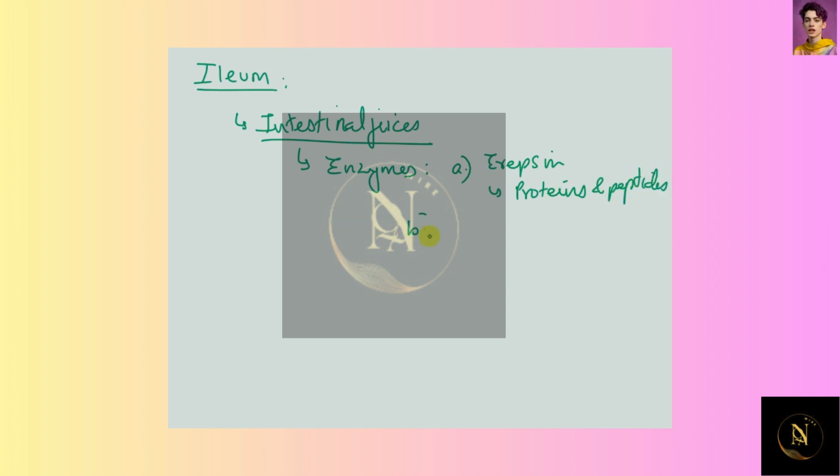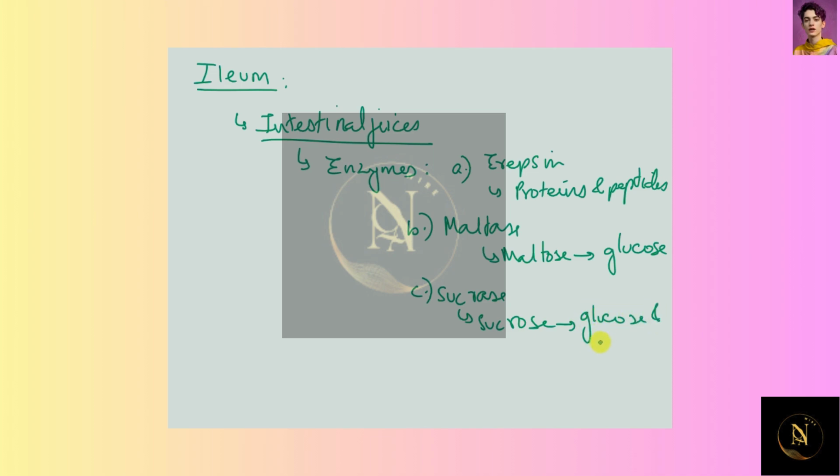It produces the enzyme maltase, which acts on maltose to give glucose. It produces the enzyme sucrase, which acts on sucrose to form glucose and fructose. And it produces the enzyme lactase, which acts on lactose to form glucose and galactose.